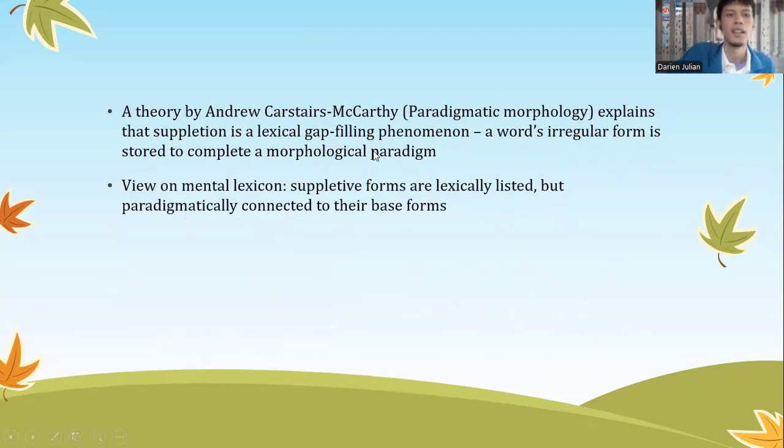A theory by Andrew Carstairs-McCarthy, paradigmatic morphology, explains that suppletion is a lexical gap-filling phenomenon. A word's irregular form is stored to complete a morphological paradigm. In the mental lexicon, suppletive forms are lexically listed but paradigmatically connected to their base forms.